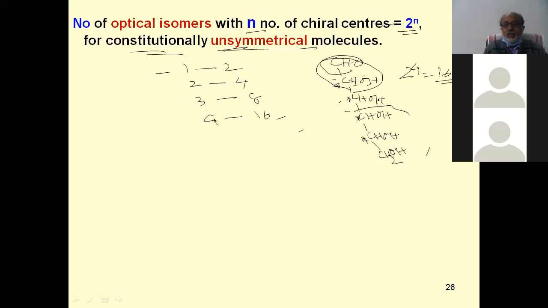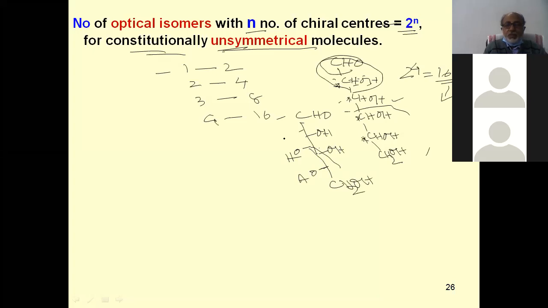And this is a carbohydrate, an aldohexose, and glucose is one of these 16. What is glucose? Glucose is CHO, and then right, left, then again right, and right, then CH2OH.